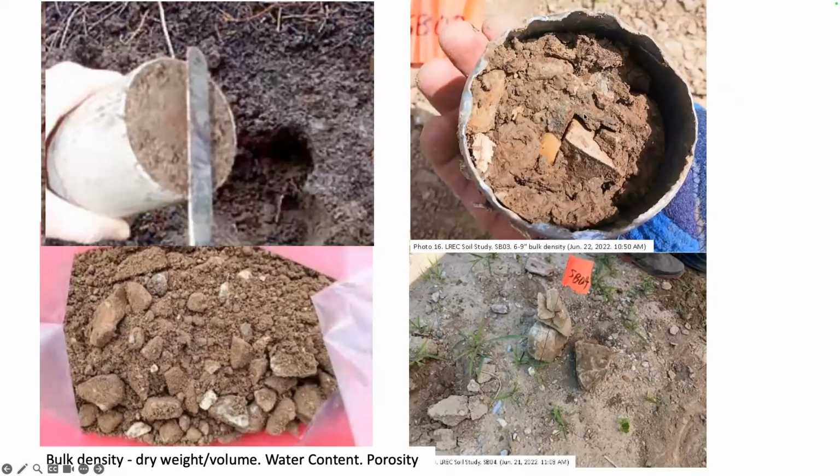Then when we went out there in phase 2, we ran into lots and lots of rock. We actually destroyed this bulk density tube, and we had to buy them a new one. There's small rocks in here, medium-sized rocks here, and then really big rocks we had to move out of the way just to get the holes done. We even tried renting a power auger, but it didn't go too well.